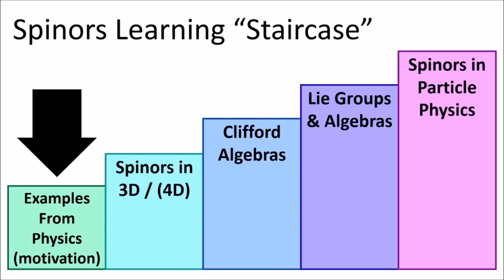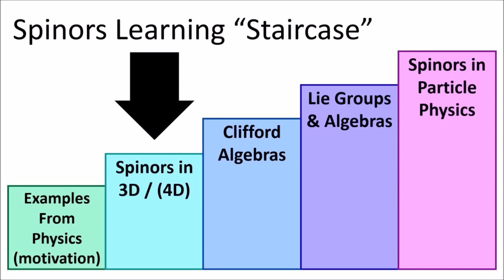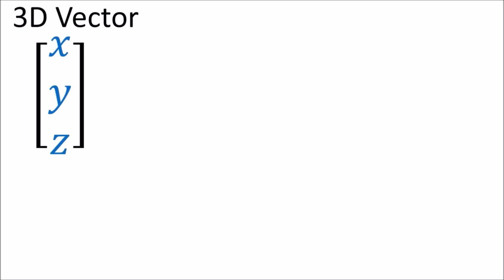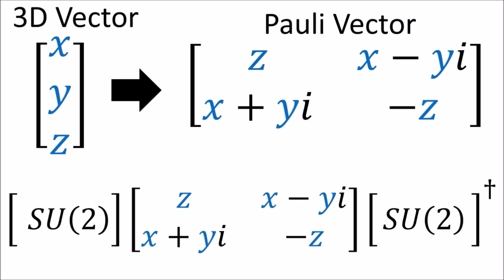So we've closed the first chapter of our journey into understanding spinors. We have a mathematical description of spinors that works and can be applied to 2 different physical problems. But there's still more to learn. We'll see later that we can write 3D vectors as 2x2 matrices that rotate with double-sided transformations, using a pair of SU2 matrices.